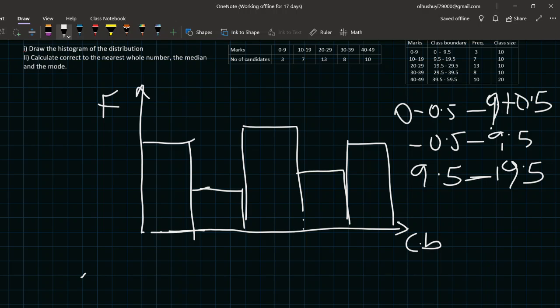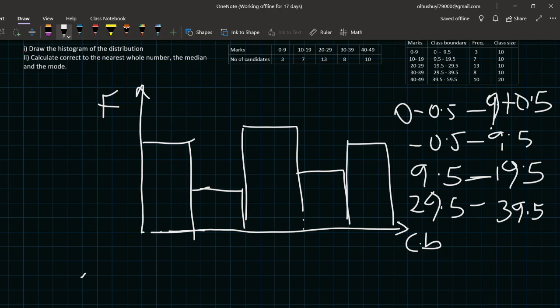The lower class mark, you subtract 0.5 from it. The higher class mark, you add 0.5 to it. So the next one, subtract 0.5 from 30, you have 29.5, then 39.5. On and on till you exhaust the class mark, which is the last one, 39.5 to 59.5.